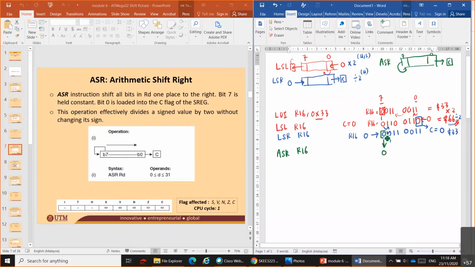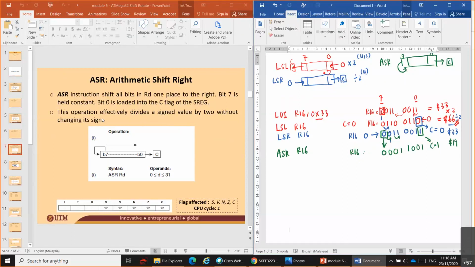The 0 here will shift to here, so it becomes 0. 0 will go here, followed by this one going here, 1, 1 will go here, 0, 0, 1. What about this one? This one will go to your C flag. So this is your new R16 value, which is equal to 19.